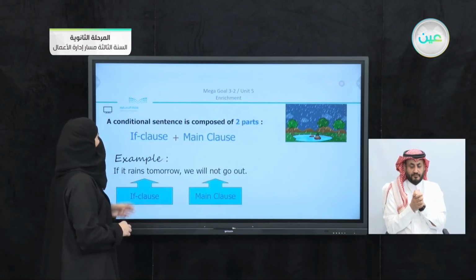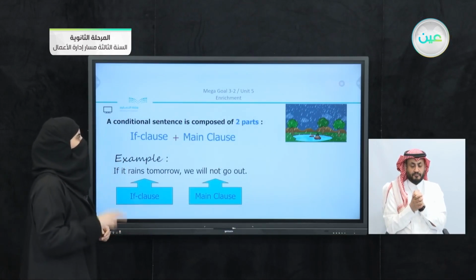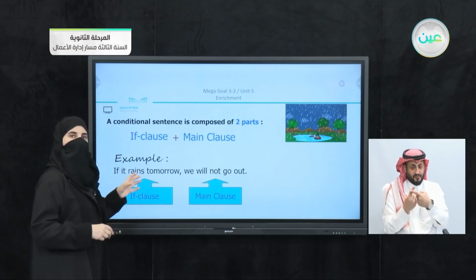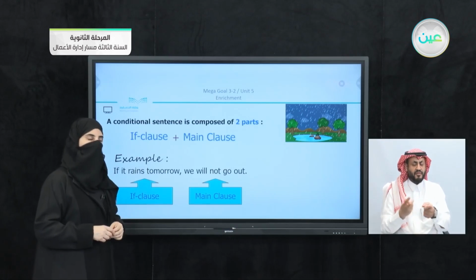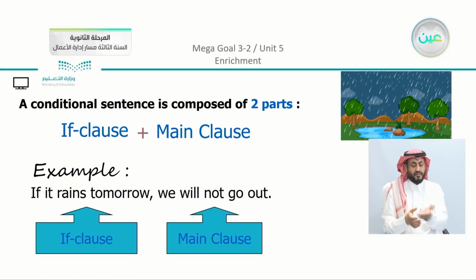Now, a conditional sentence is composed of two parts. We have here the if clause and the main clause. So you can see in the example, if it rains tomorrow, we will not go out. This is a conditional sentence. We can see that the if clause is if it rains tomorrow.